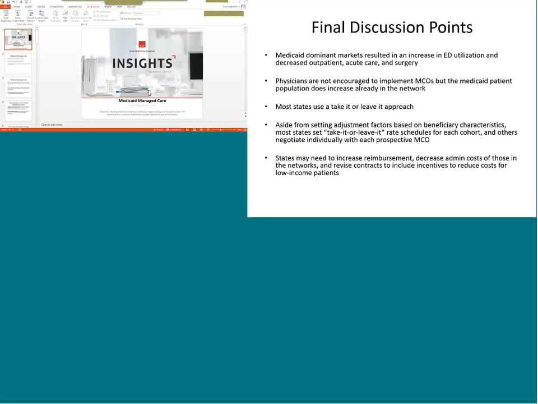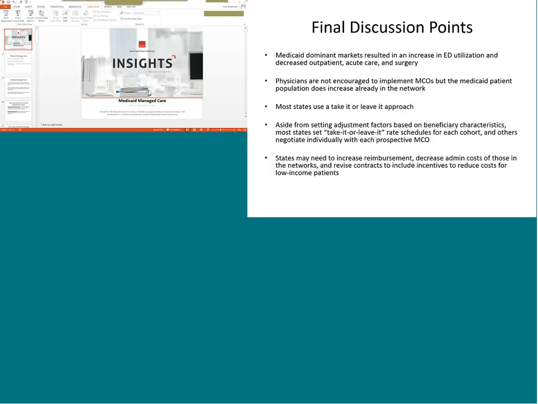Physicians aren't encouraged to implement MCOs, but the Medicaid patient population does increase already in the network. Most states take a take it or leave it approach. Sorry, and that means that you can take what we get or just totally ignore the Medicaid population.